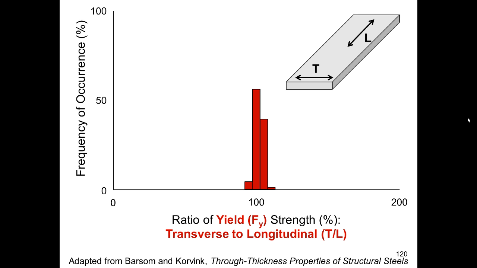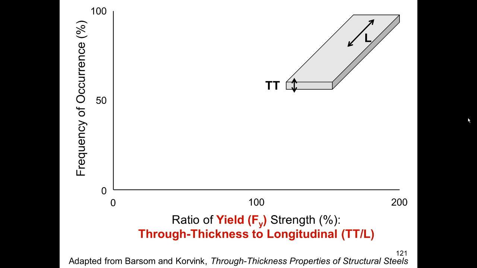I'm not sure anybody would be particularly concerned about this variation in terms of the yield of the transverse to the longitudinal. Next, we look at the same property, yield, but in the through thickness direction compared to the longitudinal. And when we do that, we pick up a little more variation. Most of the data is closely clustered around 100%, but you see some data that's higher and some data that's lower.